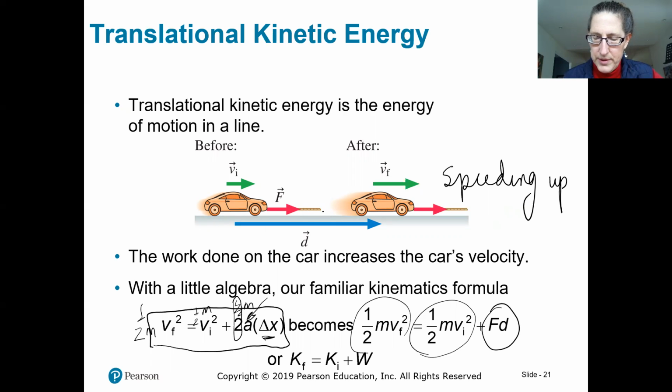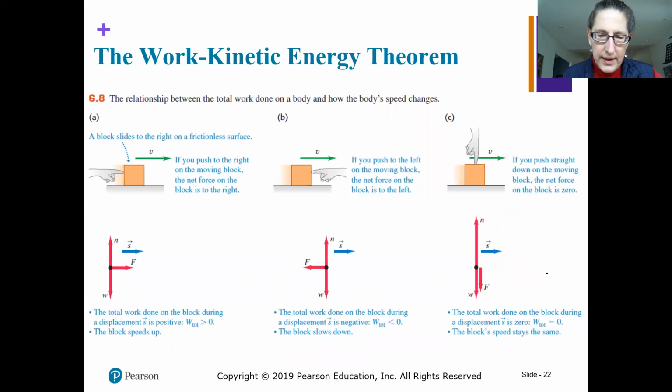But this is a general result. So that's kind of just a funny little way to define that. You don't necessarily have to go through that derivation. If there's no change in any other kind of energy, like potential or elastic, then this work is equal to the change in kinetic energy. And this is a very fancy thing called the work-kinetic energy theorem, and it's very important.